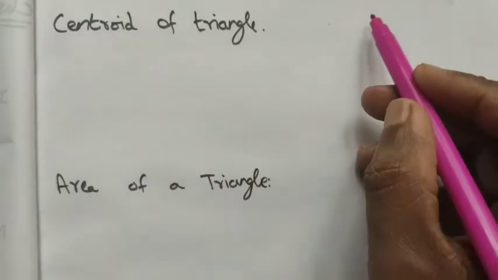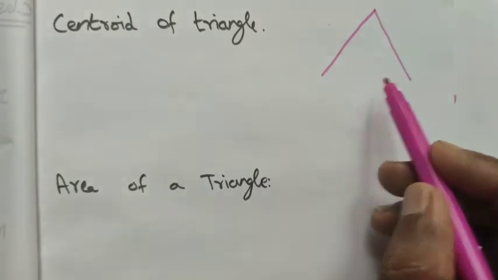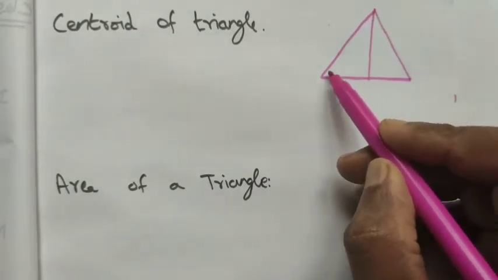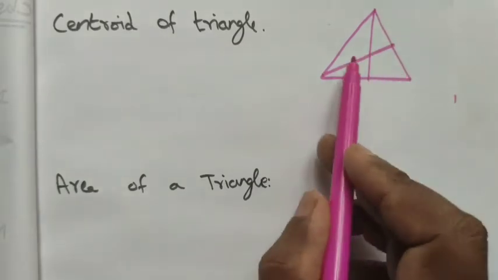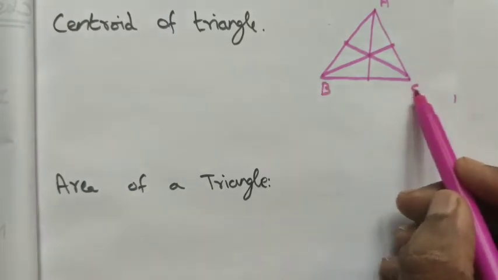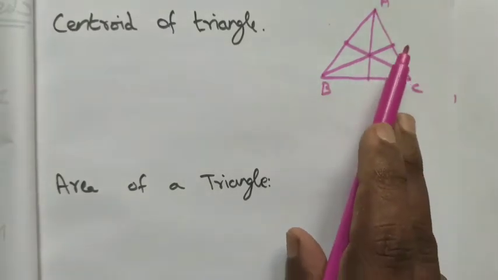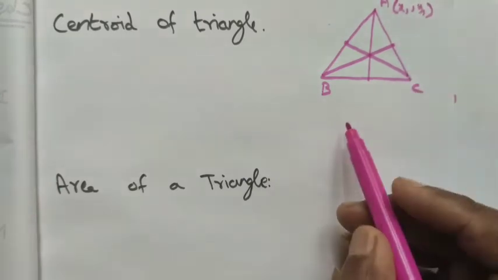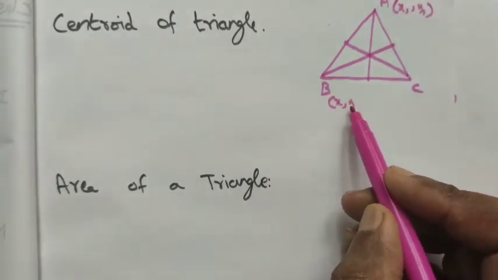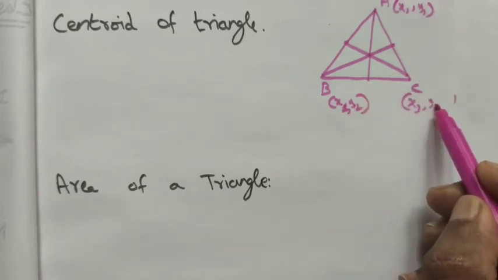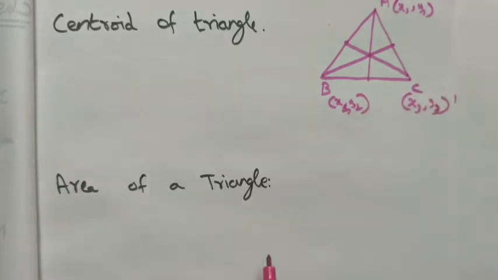Next, the centroid of the triangle. We know that the centroid of the triangle is the concurrent point where the medians intersect. Let me take the triangle as A, B, C. Here we have three vertices: (x1, y1), (x2, y2), and (x3, y3).